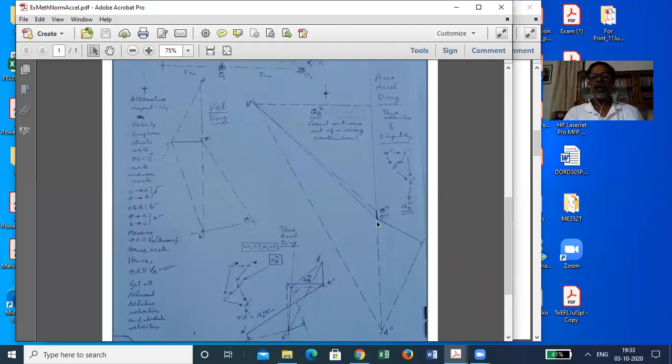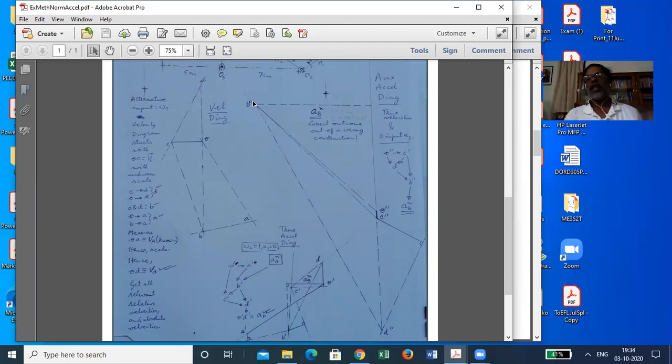Now you have got C and D, and BCD is a ternary link. So making the angle C here, angle D here, you go and cut B here, and that is enough.